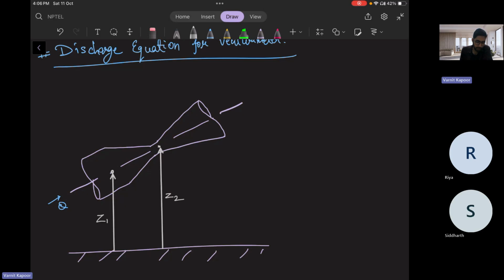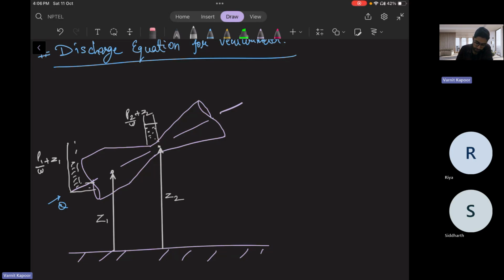Suppose we have a piezometer from where we are getting our heads. The piezometer here gives some head value, that is P1 by W plus Z1, the piezometric head. Similarly, if you have a piezometer at this position as well, you have some head, that is P2 by W plus Z2. And the difference between the levels of the head is there as well.